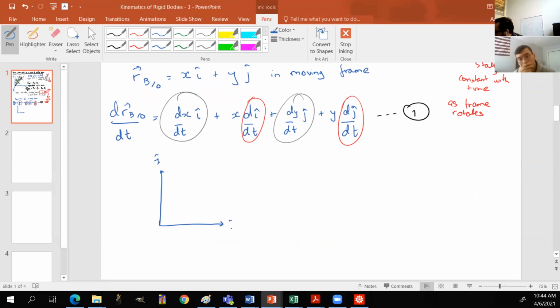Unit vectors i hat and j hat. So I can literally draw my unit vector circle out and define my i hat and j hat like that. We can define this angle theta.